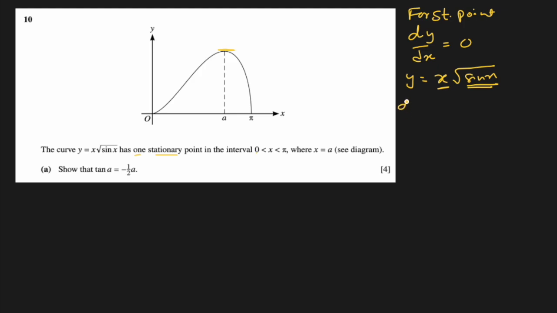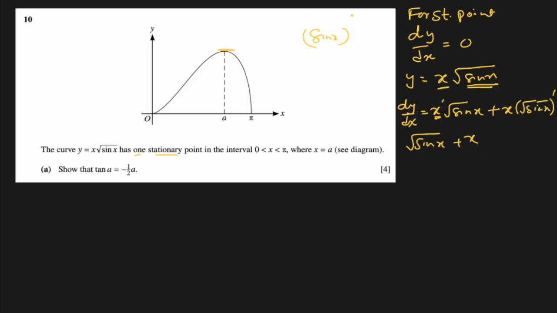We'll use the product rule, which is differentiate x but don't differentiate sin x, then don't differentiate x but differentiate sin x. So the differentiation of x is 1, so just write √(sin x), plus x will remain, and sin x.